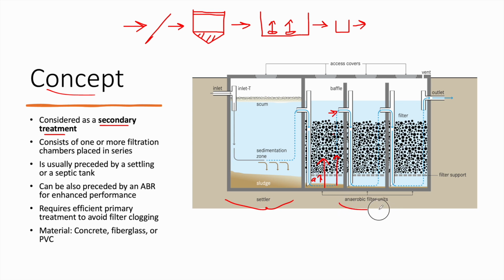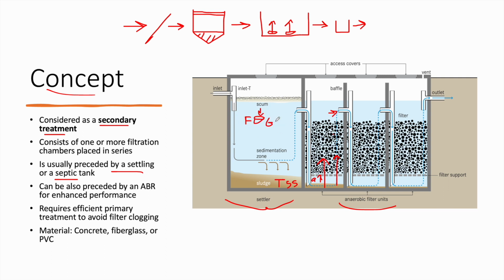This anaerobic filter unit is preceded by a settling or septic tank. So notice we have a settler as a primary treatment, for example. So we are highly lowering here the total suspended solids that will form the sludge, and also the scum, or what is commonly known as fat, oil, and grease, FOG.